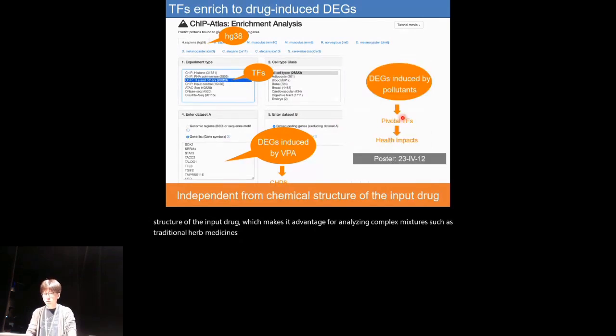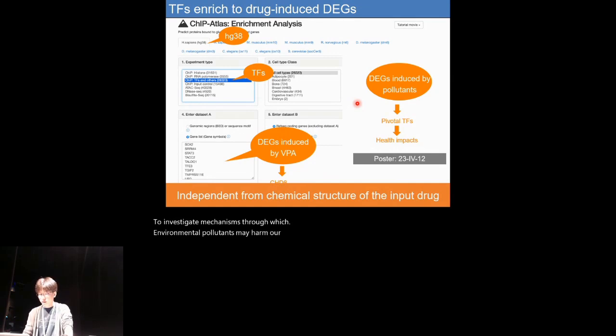And we actually used this methodology to investigate mechanisms through which environmental pollutants may harm our health. Due to the time limitation, I cannot present the detailed results here.